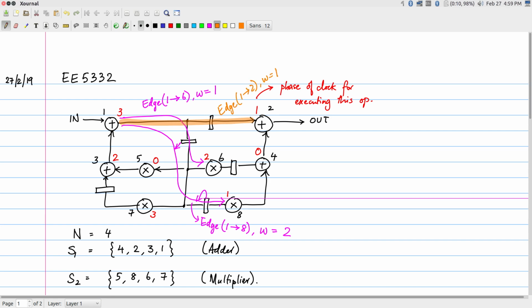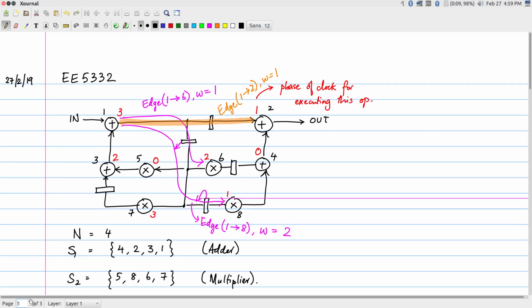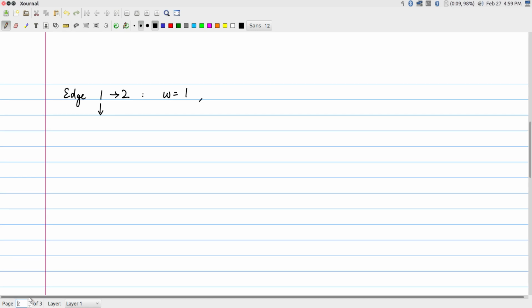This edge from 1 to 2 has W equal to 1. Let's work through that. The schedule time of operation number 1 is 3, and operation number 2 is scheduled at time 1.